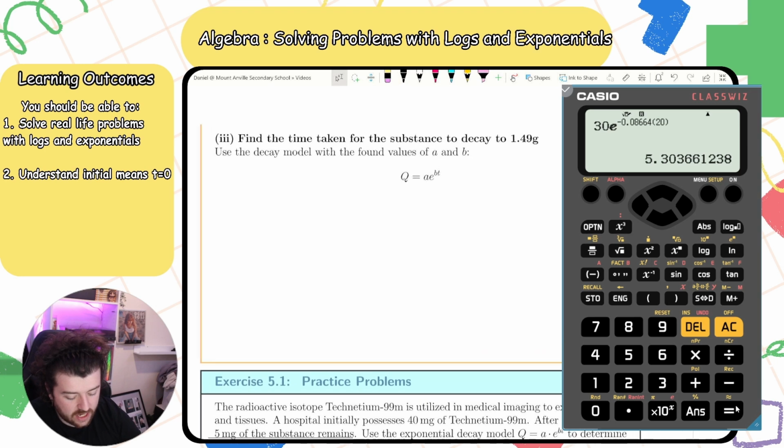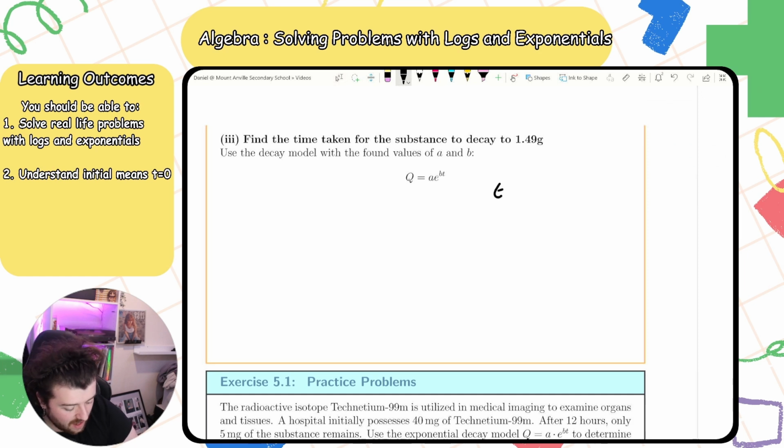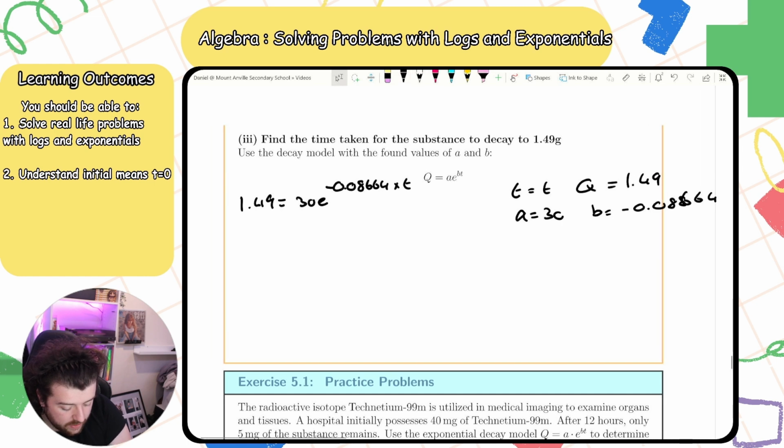Then finally, find the time taken for the substance to decay to 1.49 grams. So I am now looking for time. I have time is equal to t. I know my quantity has to be 1.49. A is equal to 30 and B is equal to minus 0.08664. So I know 1.49 equals 30 times e to the power of minus 0.08664t. Then what I can do is divide both sides by 30.